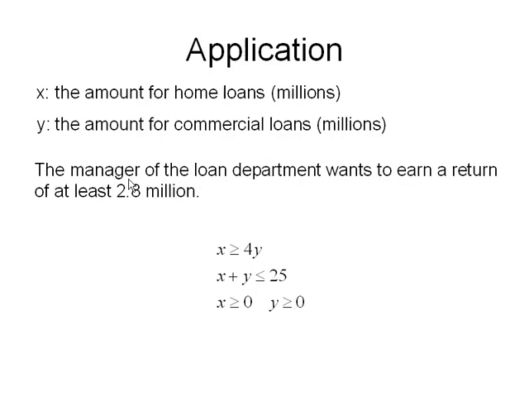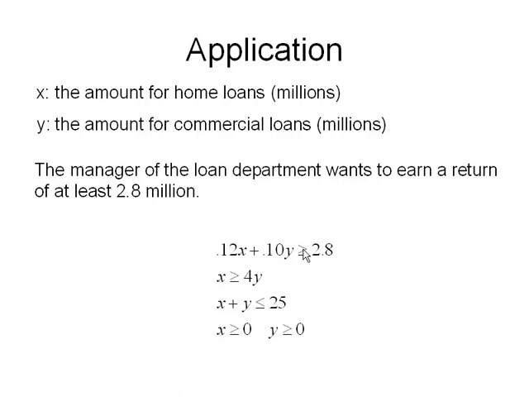Lastly, the manager of the loan department wants to earn a return of at least $2.8 million. Remember, those returns come from 12% of the home loans and 10% of the commercial loans. So we write 0.12x because we're going to get 12% of x, plus 0.10y because we're going to get 10% of the amount in commercial loans, and then we need at least 2.8 million.